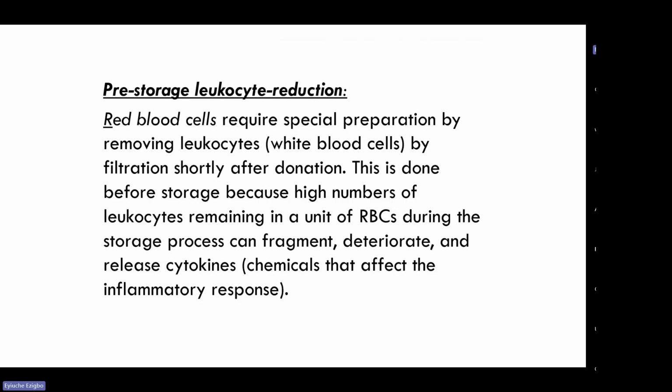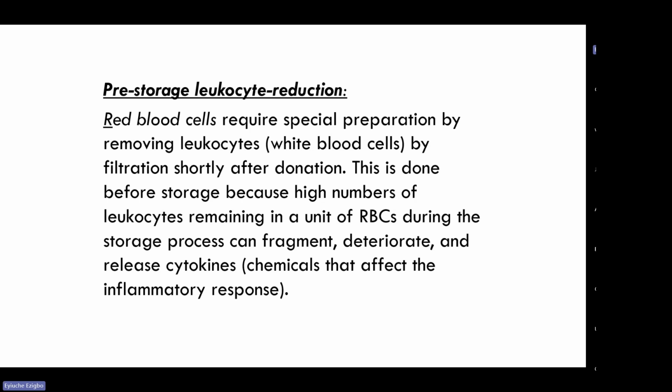In the process of getting the red blood cell, we can do what is called pre-storage leukocyte reduction. When you come into fourth year and we discuss transfusion and complications of transfusion reaction, you will appreciate this process of removing the white cells before storing the red blood cells. Red blood cells require special preparation by removing white cells by filtration shortly after donation.